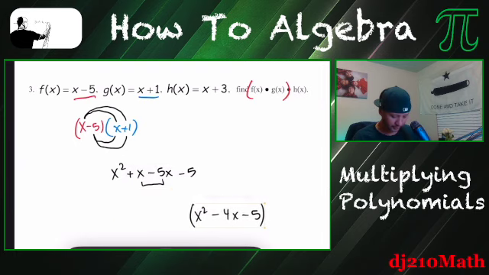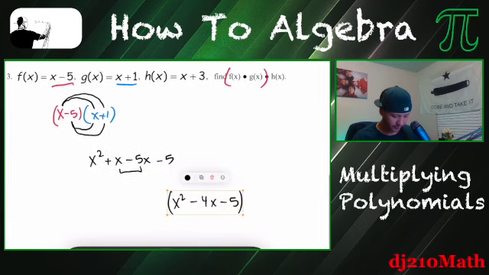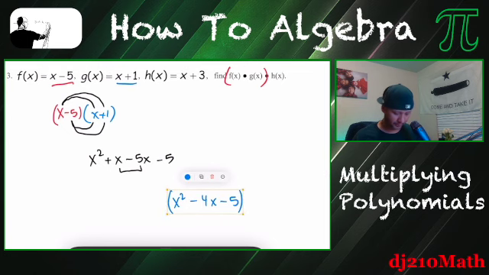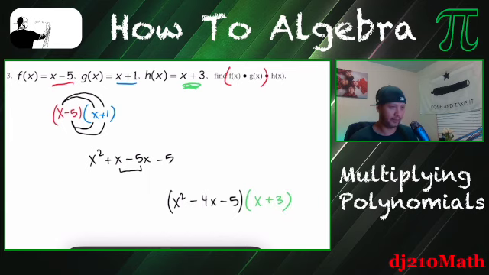Okay, so move it off to the side. All right, this is going to get multiplied by h of x. H of x will be in green. So h of x is in green. So x plus 3. All right. And this is just like the very first example we did.